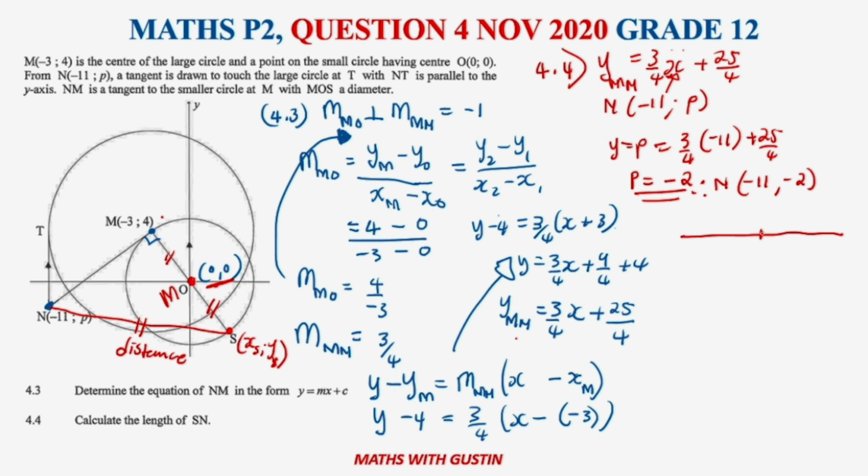There it is. The midpoint is 0, 0. This is our midpoint, which happens to be the center of the small circle. And then you have got a point here, which is point M. Let me say this is the center, let me put C here, with coordinates negative 3, 4.